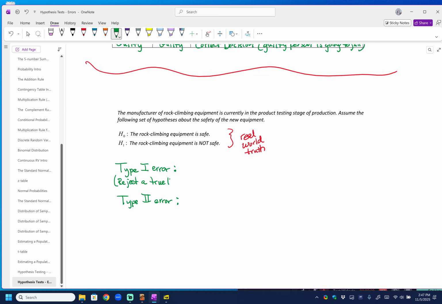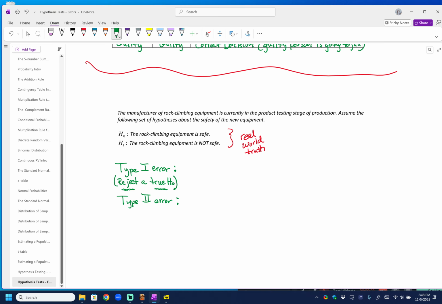So in other words, we have something that is true in the real world, but then the test that you run, that's based on math, remember, it doesn't have eyes. The test that you run decides to reject it. That's, of course, a bad result. We don't want to reject something that's true, right? So what's a type 2 error?